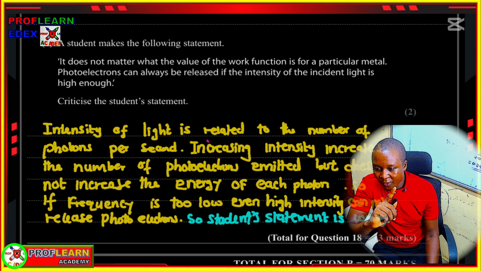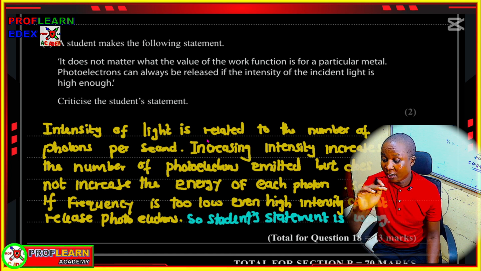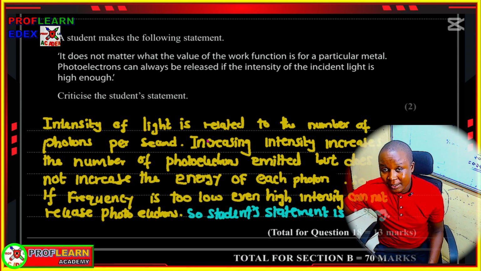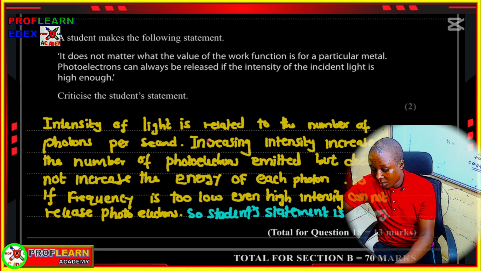So if frequency is too low, even a high intensity of the incident radiation cannot release electrons, which means the student's statement is null and void. And that marks the end of this discussion.